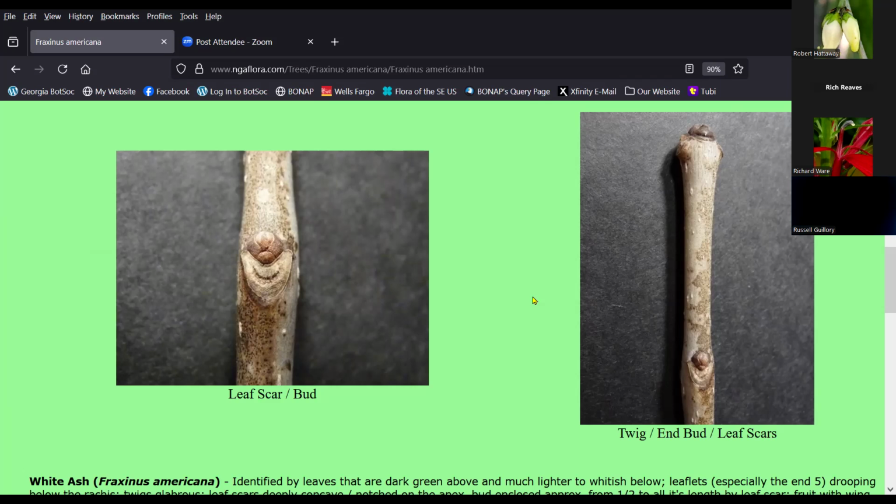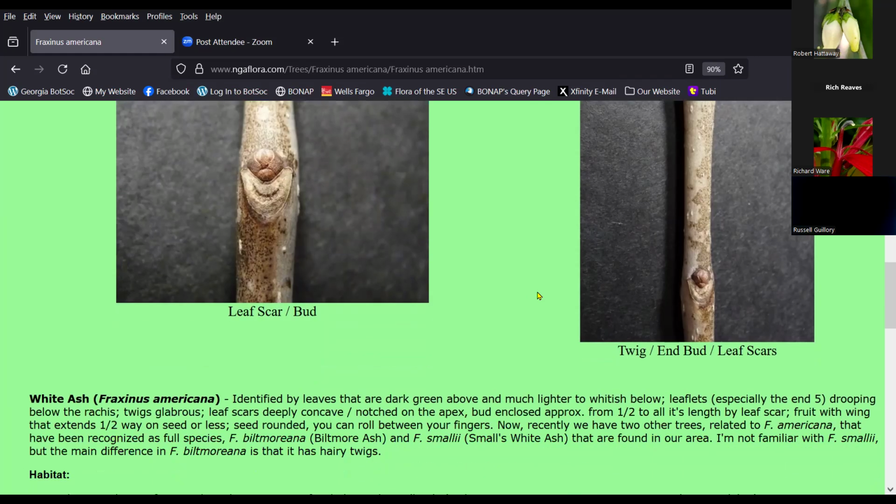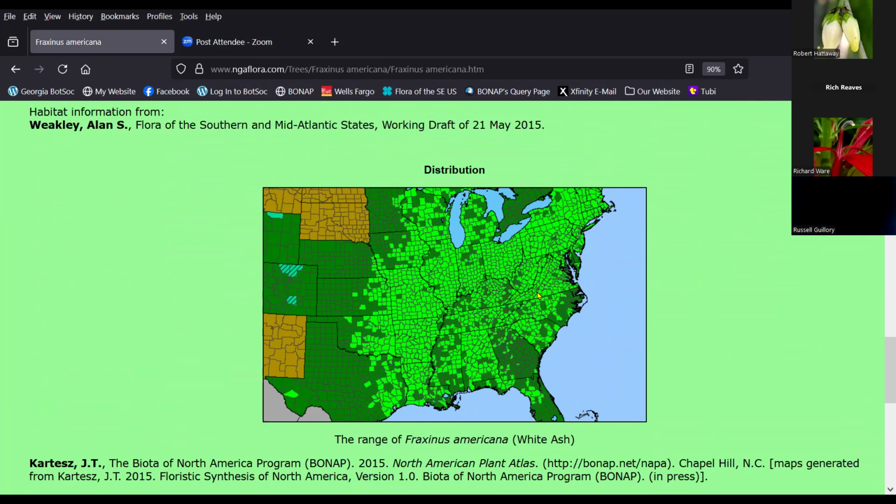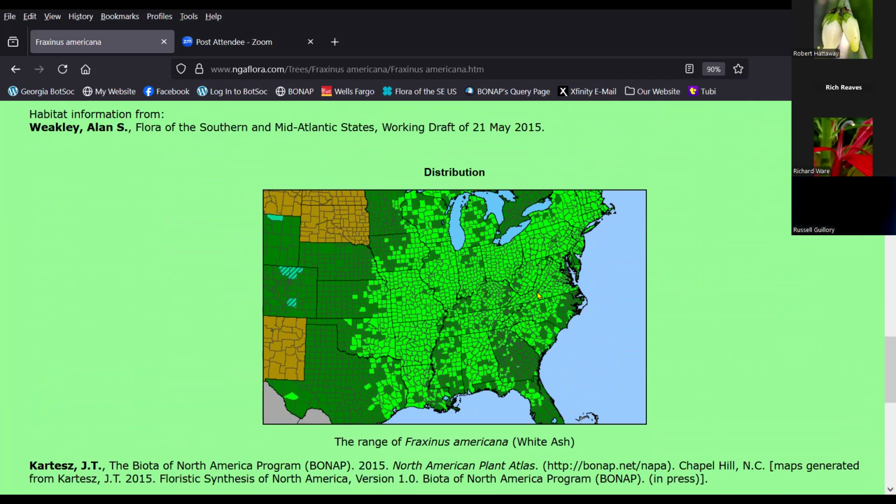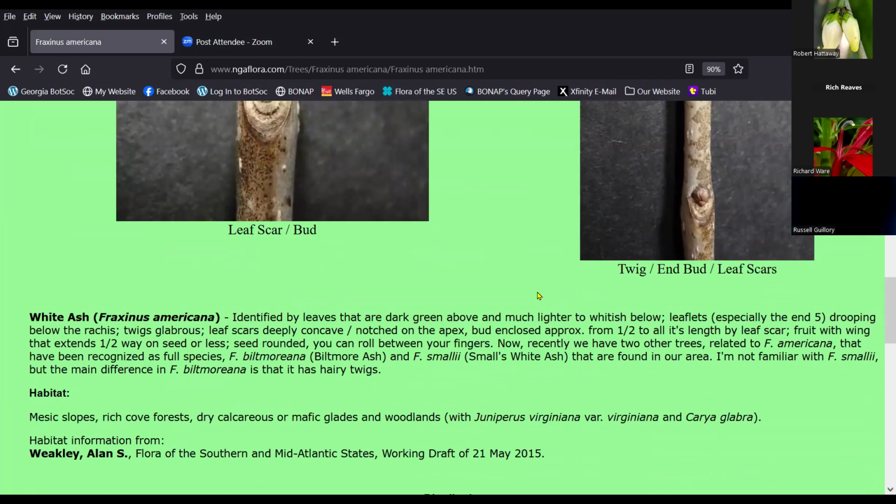I mean, I looked at it for the first time five minutes ago. Right. Well, I just happened to mention that because it's another confusing point. Anyway, of course, that distribution there would probably be Smalley Eye and Americana and Biltmoreana and all of them together, I guess. No wonder I don't see Americana much.